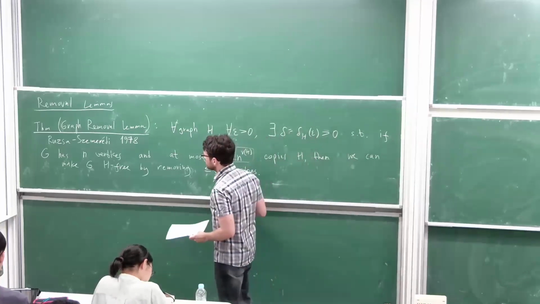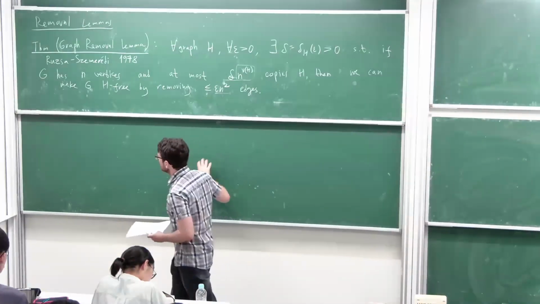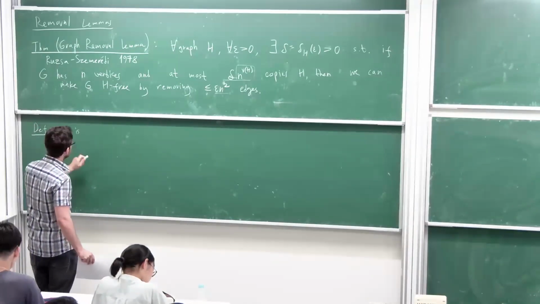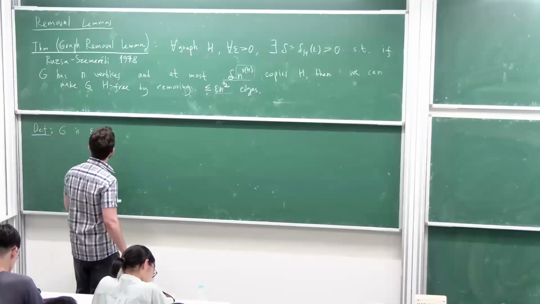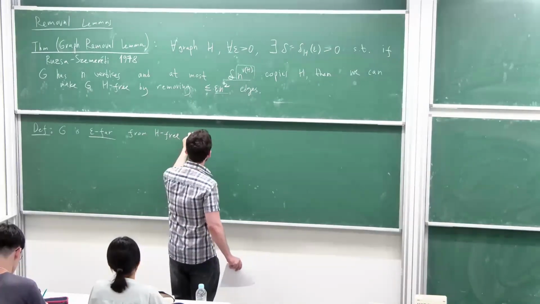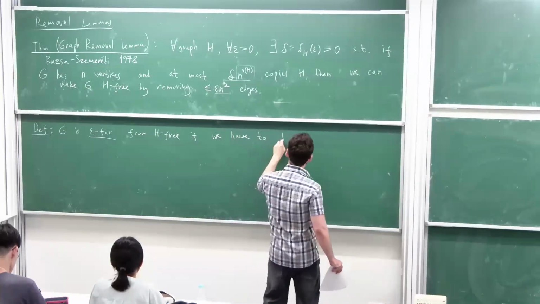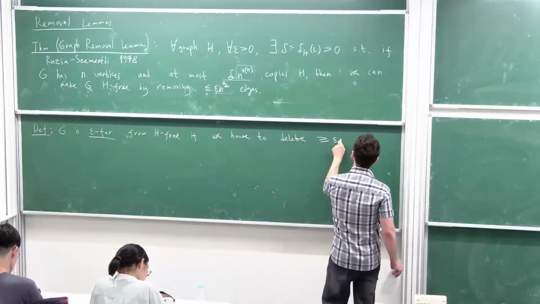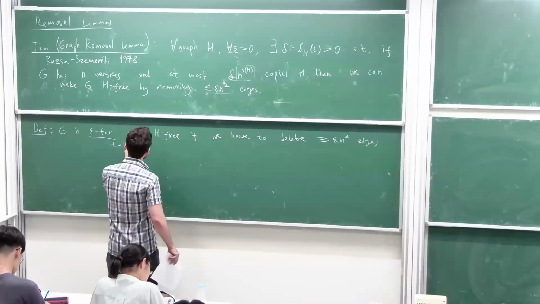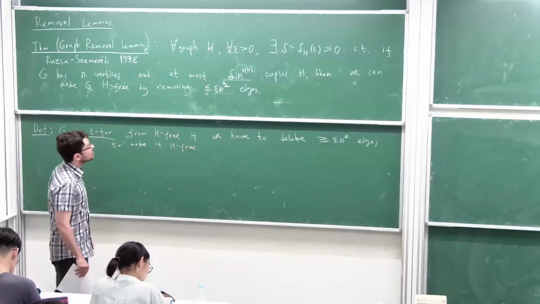Let me introduce a definition that I will use. I will say that G is epsilon-far from H-free if we have to delete at least epsilon n squared edges to make it H-free.